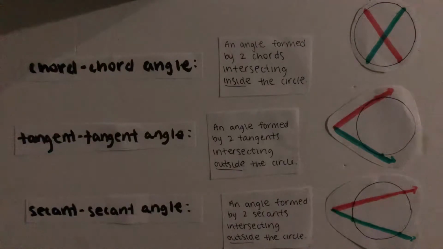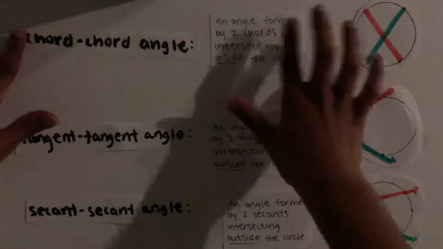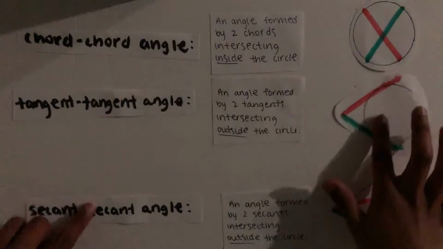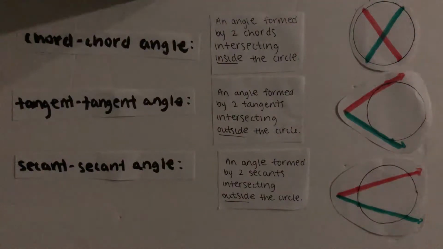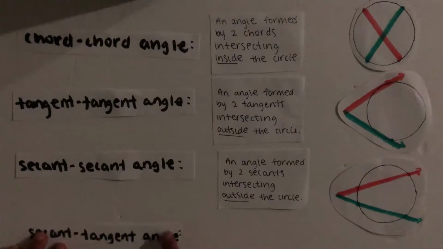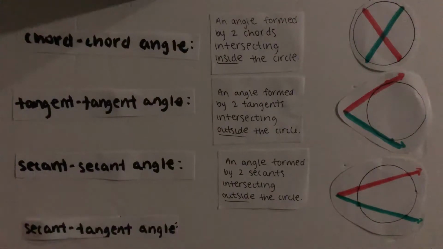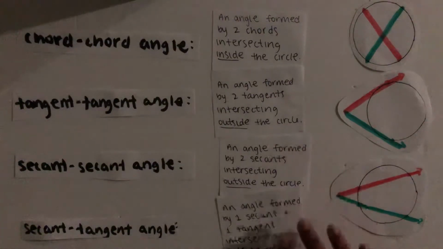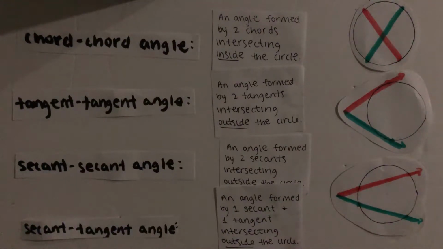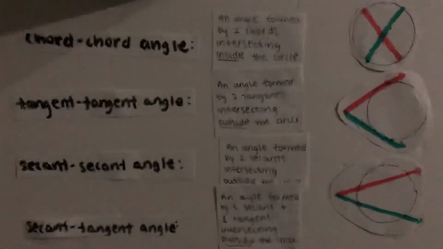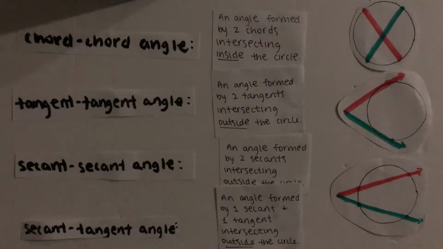And our last angle relationship would be the secant-tangent angle. We already discussed the chord-chord angle. And the definition for this one would be an angle formed by one secant and one tangent intersecting outside of the circle.